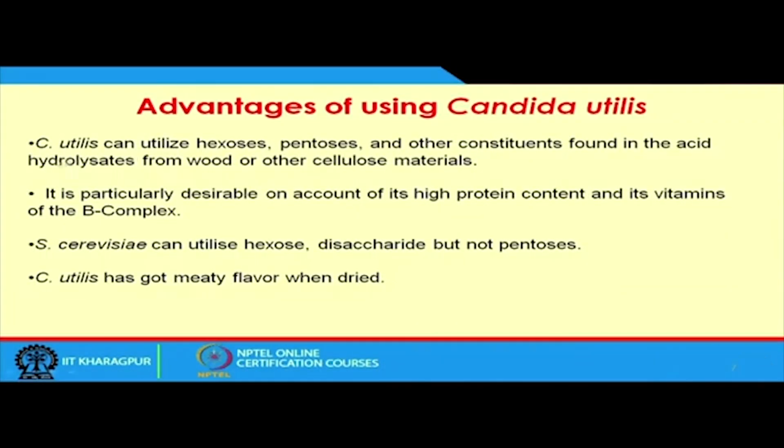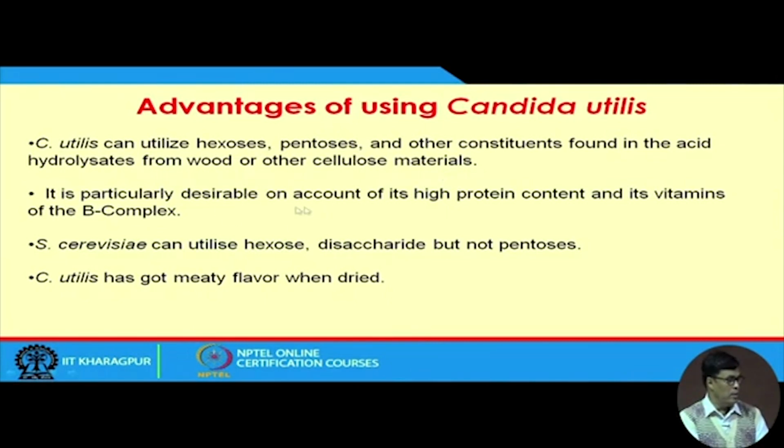Candida utilis can utilize hexoses, pentoses and other constituents found in the acid hydrolysate from wood and other cellulosic material. As we know, the pulp and paper industry uses wood-type material, particularly bamboo, for the production of paper.